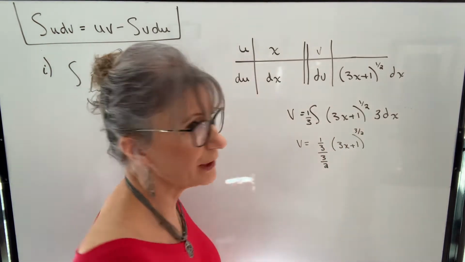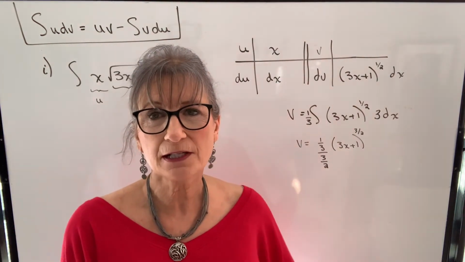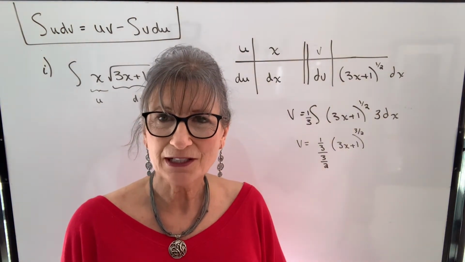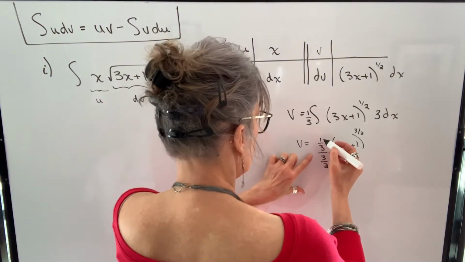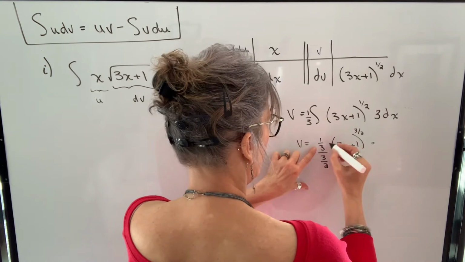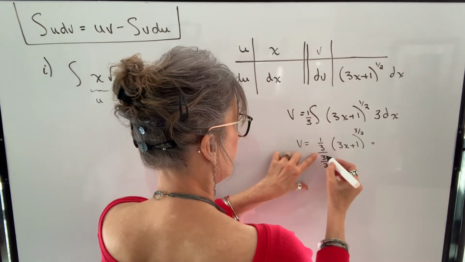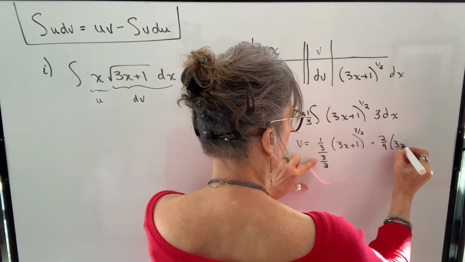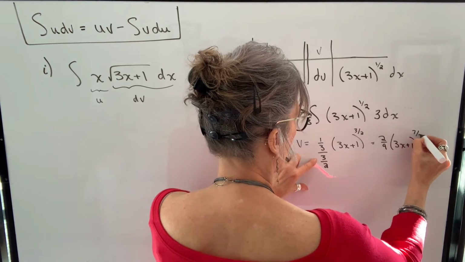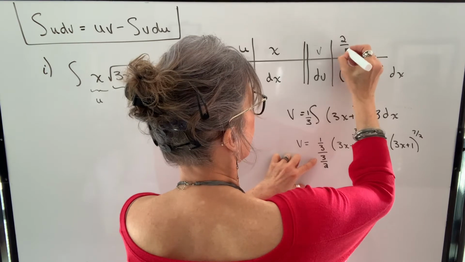I'm not going to bother putting a c in while I'm doing the process. At the very end, once I'm done my integration, then I'll add my constant of integration. So this will be equal to 1/3 divided by 3/2, which will be 1/3 times 2/3, which would be 2/9. So that's my v.